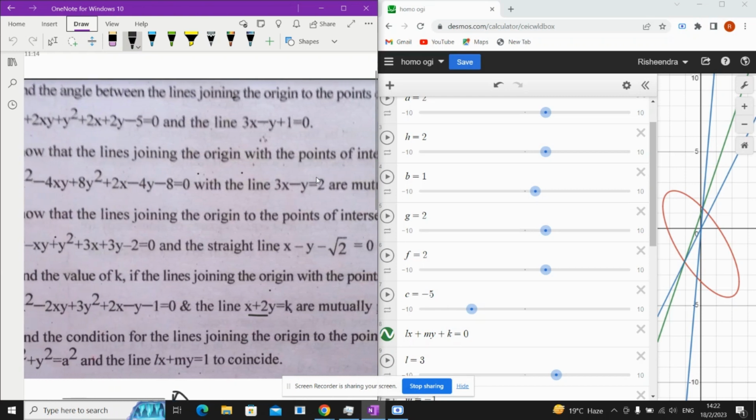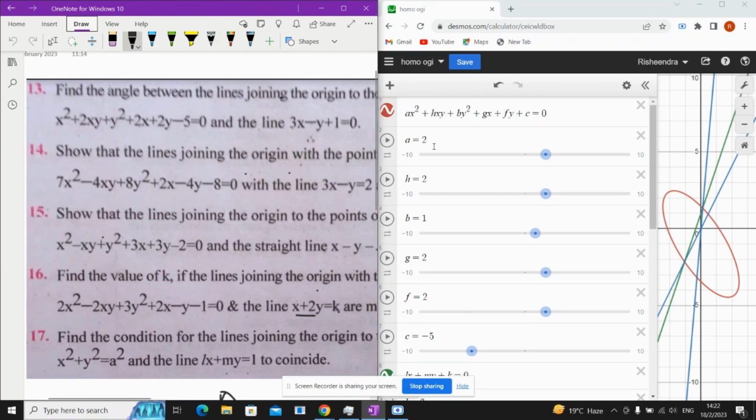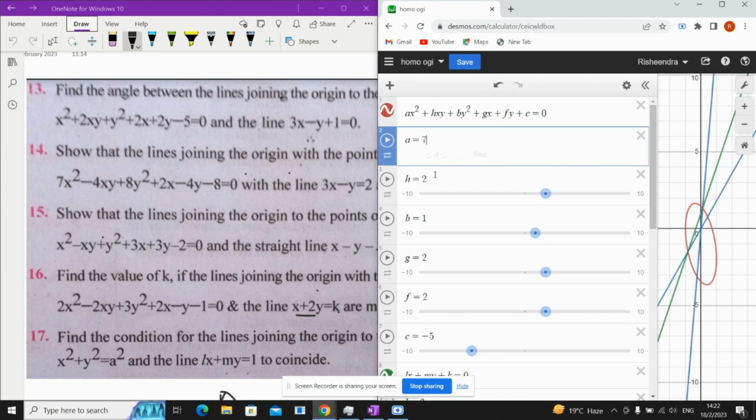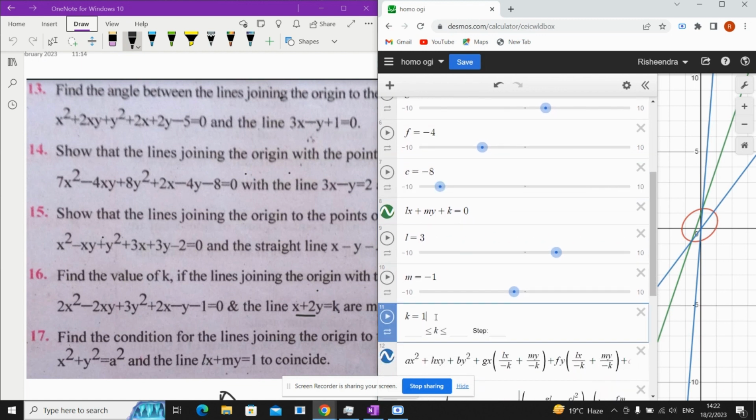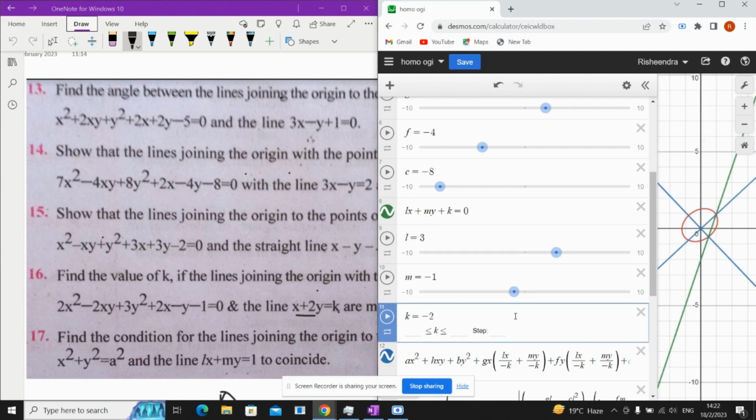See, let's substitute the values. Here, look at here, 3x minus y is equal to 2, which means when we move the 2 to the left hand side, it will be minus 2. So I'm taking it minus 2.